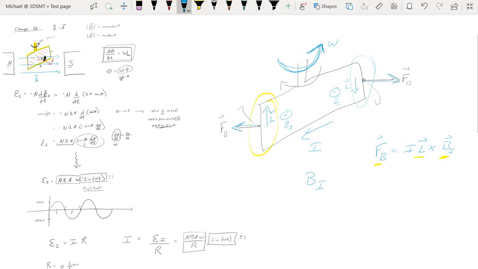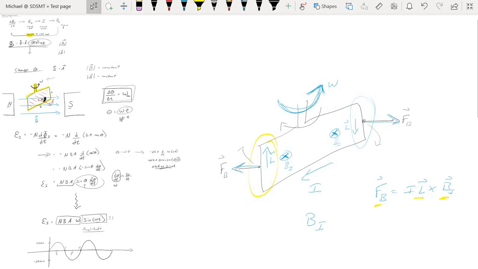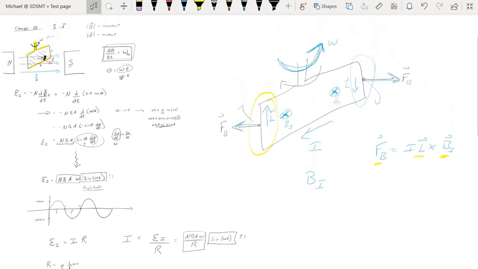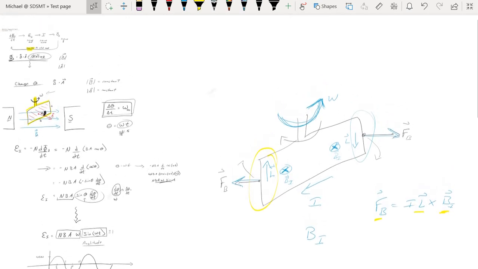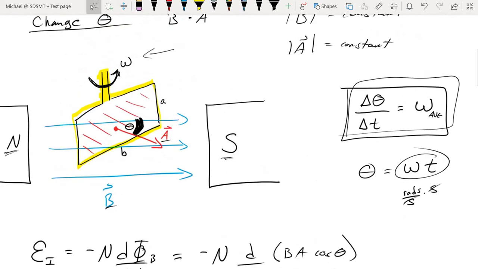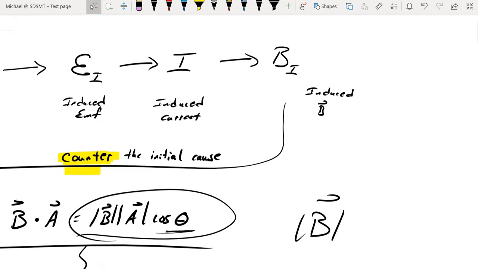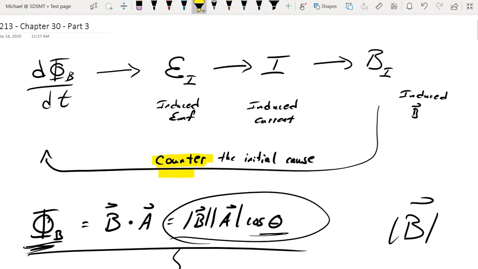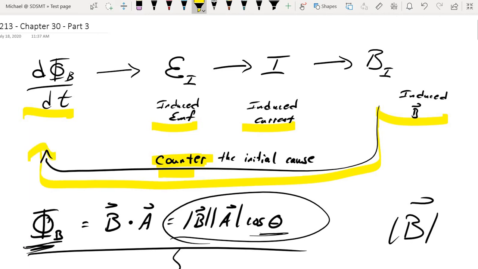And that means that the induced magnetic field will have to change its direction just as the induced current did. So it's one long continuous chain as we keep track of one event affecting another, which affects another, which affects another, which then in turn goes back and affects the original event.